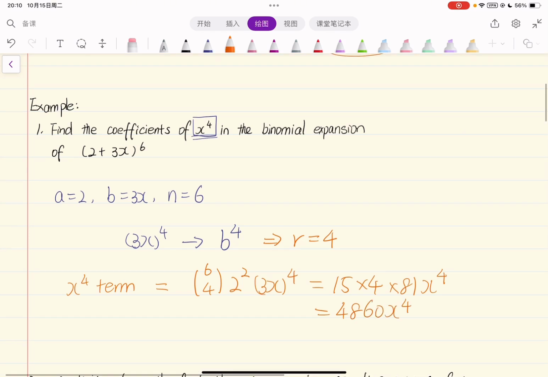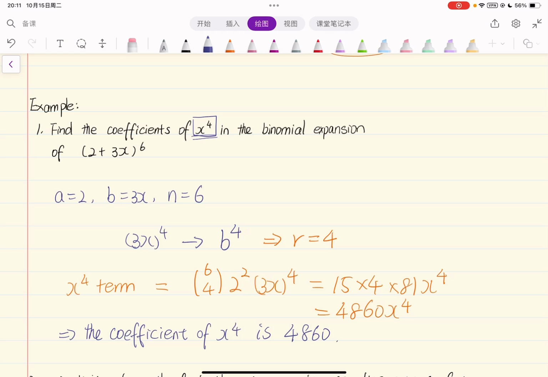So we find the general term of that, so we can see the coefficient of x^4 is 4,860.